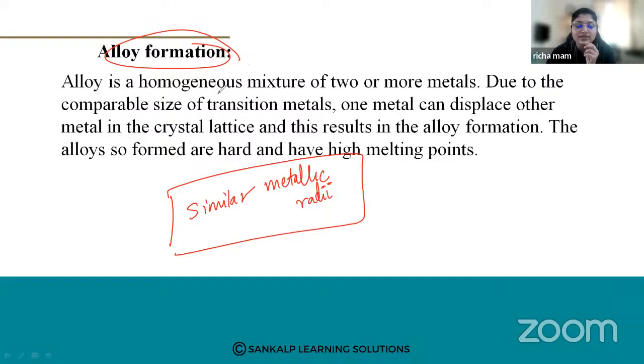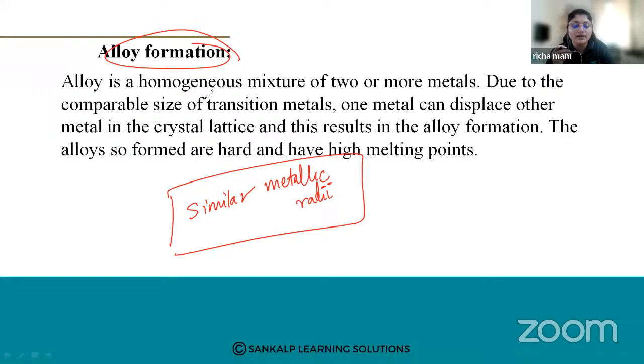For example, in stainless steel, which is a ferrous alloy, chromium, palladium, molybdenum, and manganese are used for the production of a variety of stainless steels.